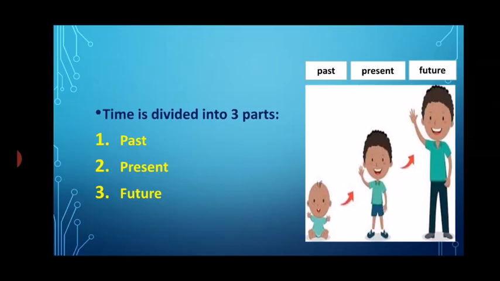So, time is divided into three parts: past, present, and future. Alright, children? So, slowly we will understand the meaning of past, present, and future. We will also see what words we use when we are talking about the past, the present, and the future.